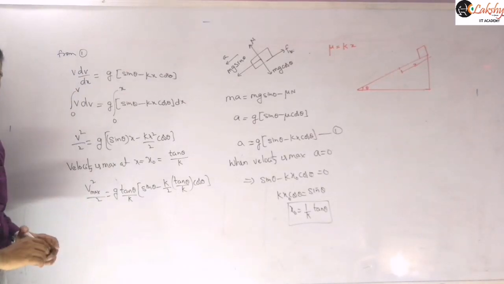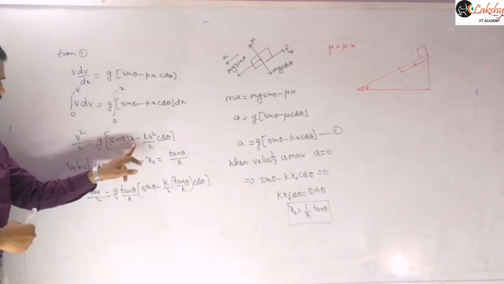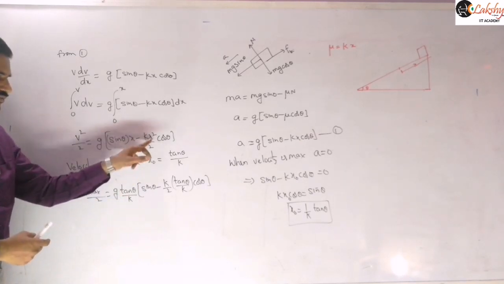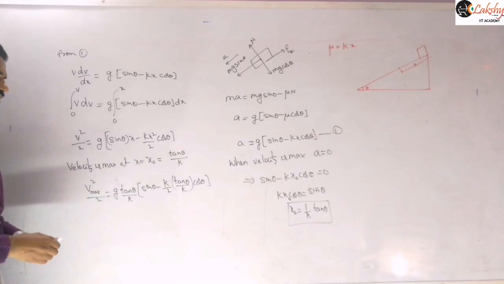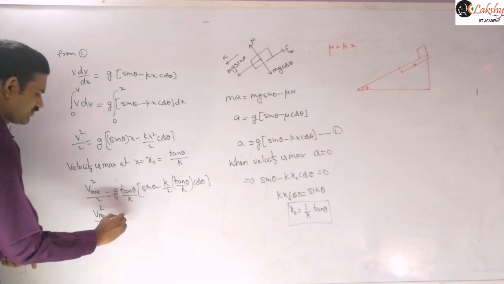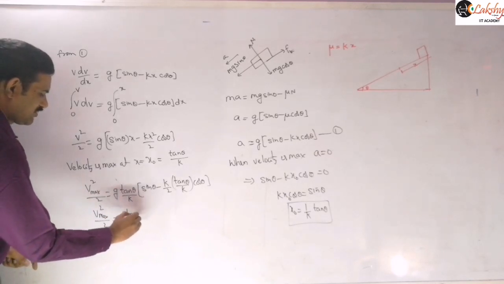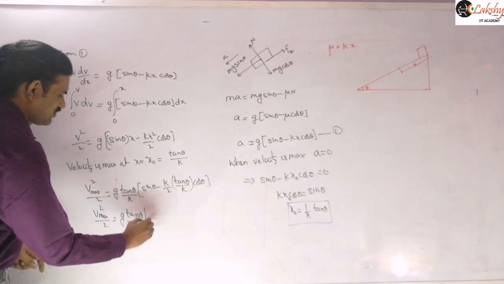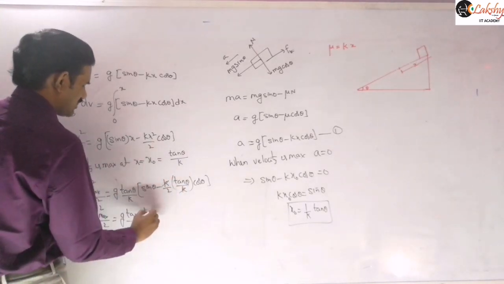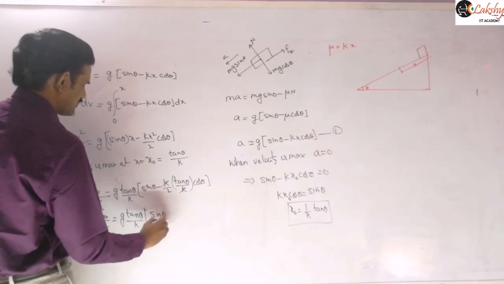Is it clear? I am taking one x naught common, and instead of x naught I am substituting the tan theta by k value, and here one more x naught will be there, and I am substituting that value there. And therefore v max square by 2 is equal to g tan theta by k into, you can do the further simplification here, this k will be cancelled, and sin theta by 2 you will get finally, right?